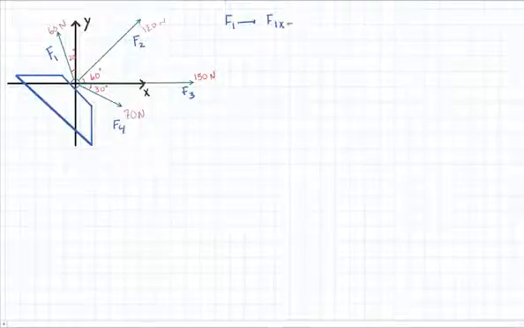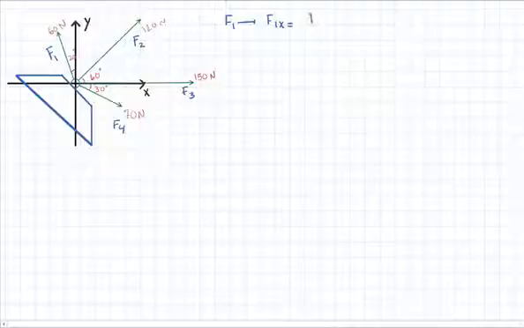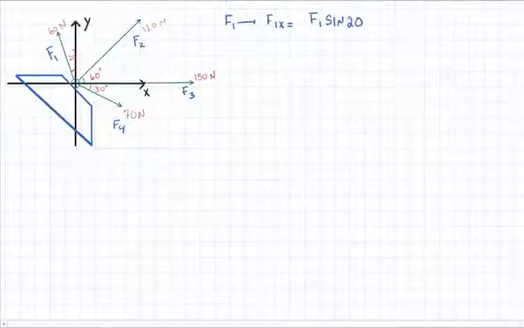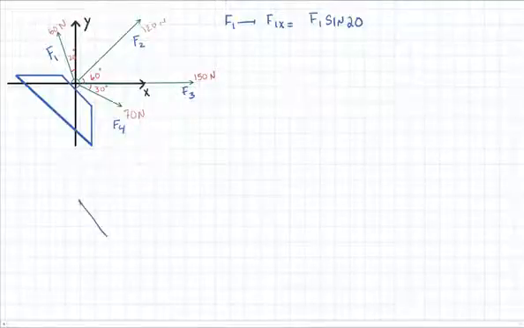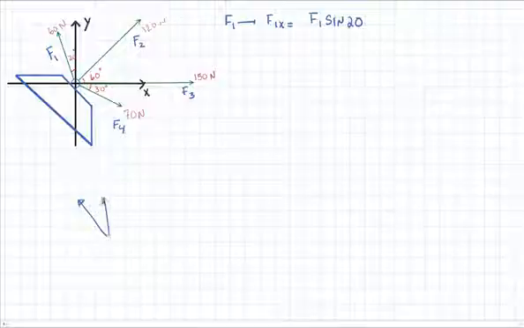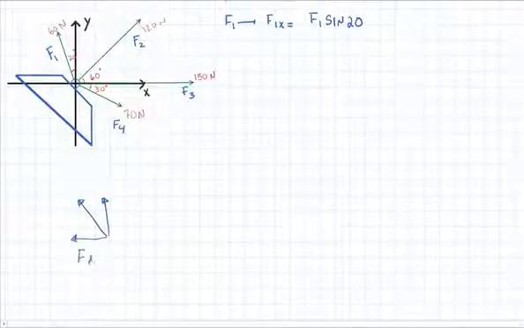F1x is going to be equal to F1 sine 20. Now I have to be careful because F1 is pointing that way: F1y is positive, but F1x is negative because it's pointing to the left.